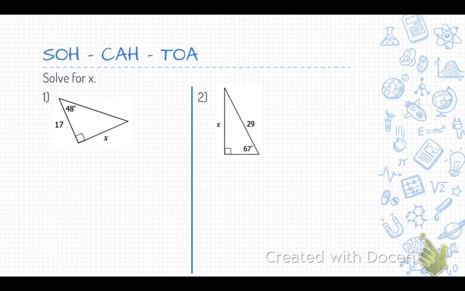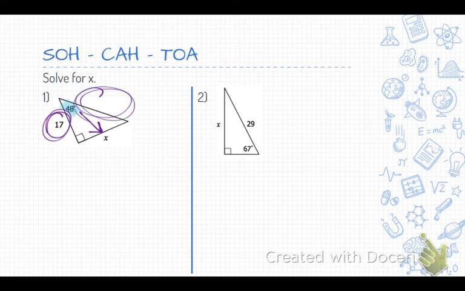So it says solve for x, and I have an angle and 2 sides. So my angle is 48 degrees. Do you agree with that? Okay, how are my 2 sides related to that angle? Are they opposite, adjacent, hypotenuse? So we have opposite and what else? Adjacent, right?